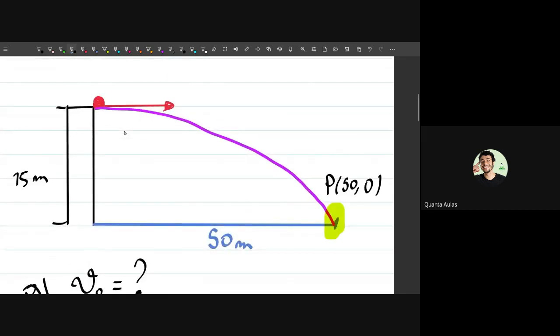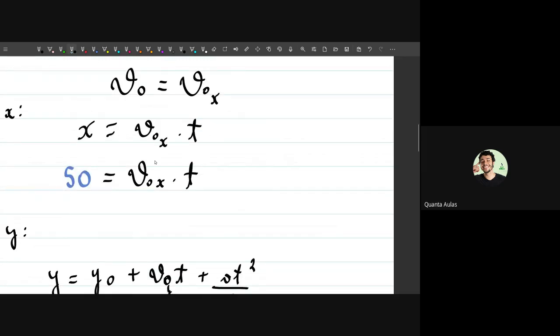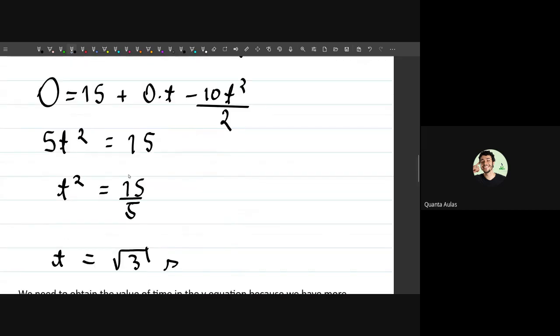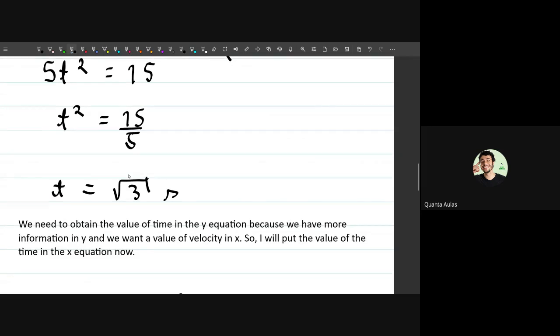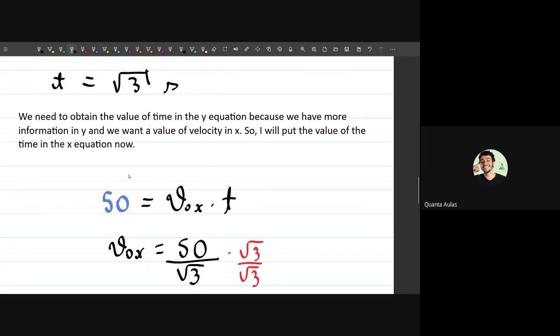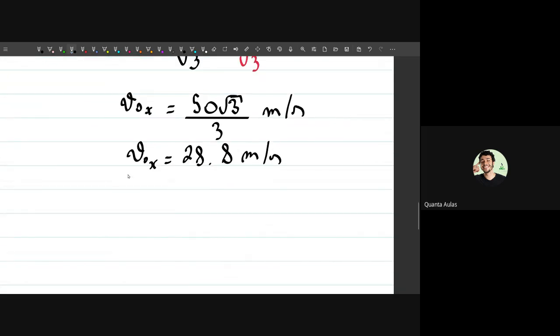In this problem, it's clear to us: we have a horizontal velocity. So I write the horizontal equation first, and I realize I don't have the time. I need the time, so we can use the other dimension. Here, the other dimension to obtain the time is y. So I put the values here and obtain the time, put the time in the equation, and we have the answer. Okay?